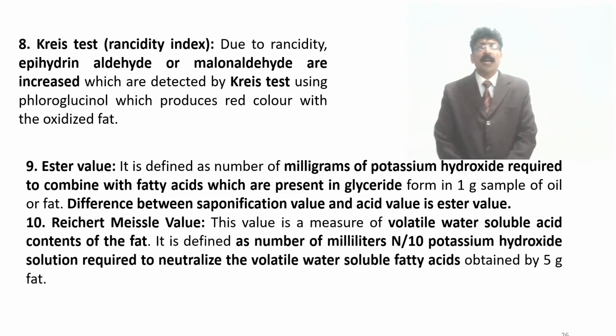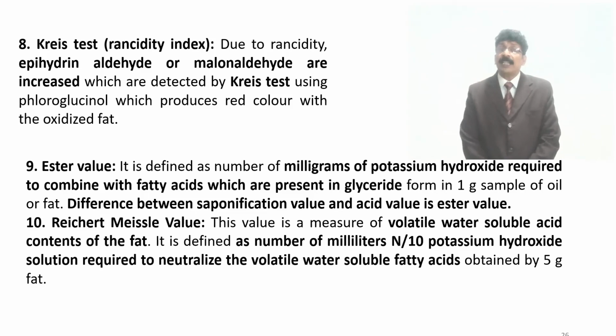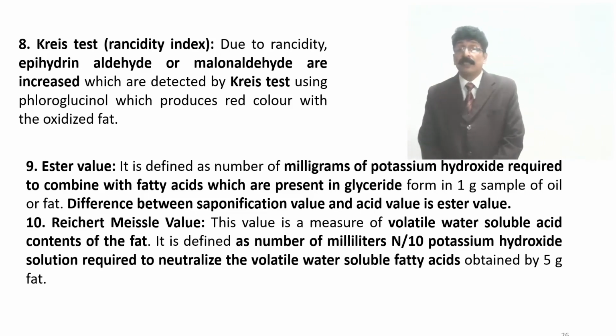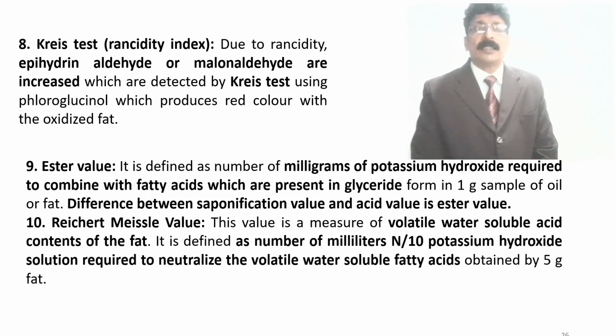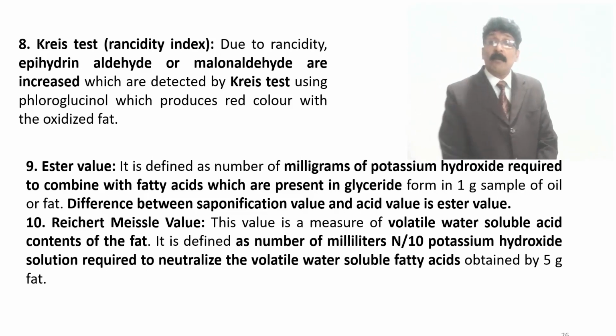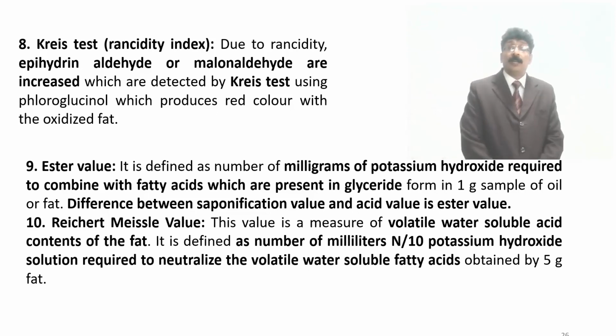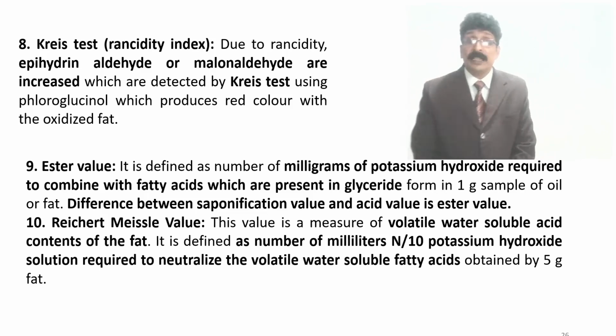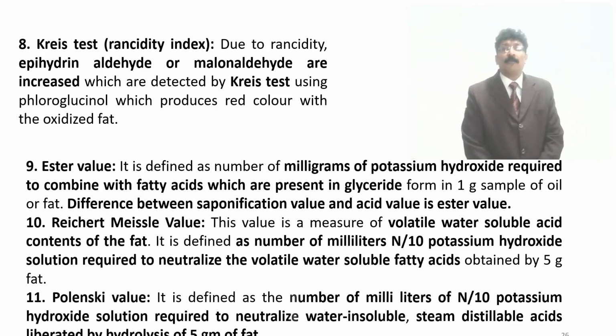Reichert-Meissl value measures the volatile water soluble acid content of the fat. It is defined as the number of milligrams of N by 10 potassium hydroxide solution required to neutralize the volatile water soluble fatty acids obtained from 5 grams of fat.